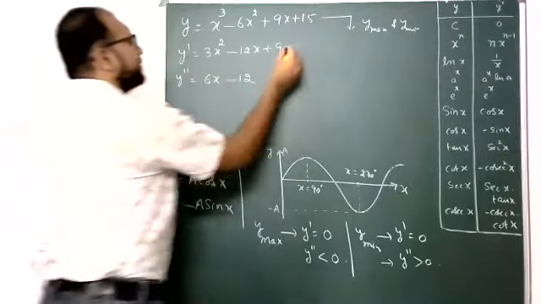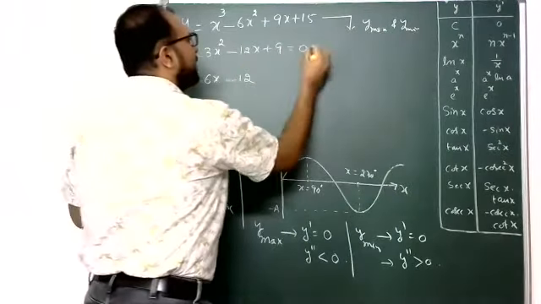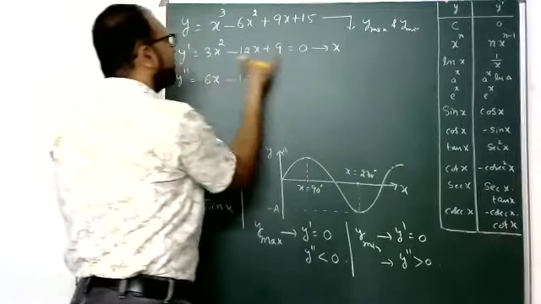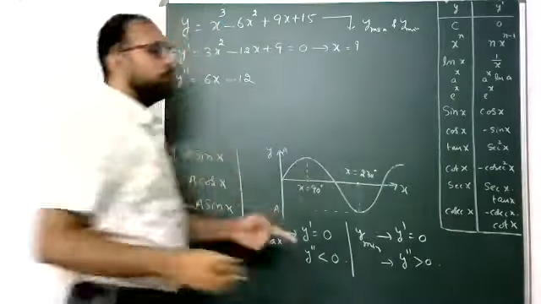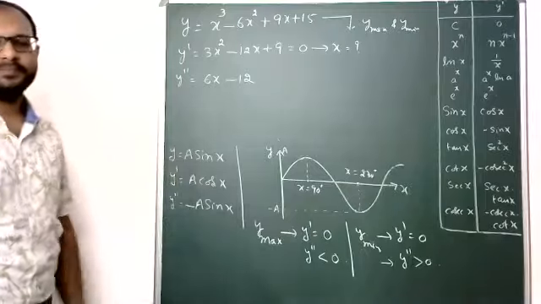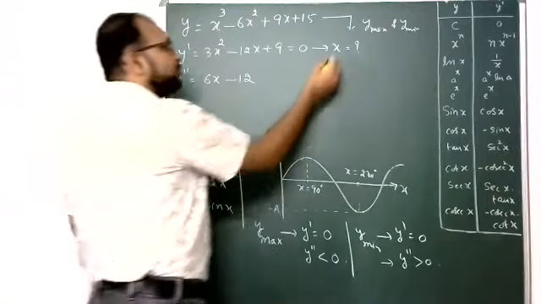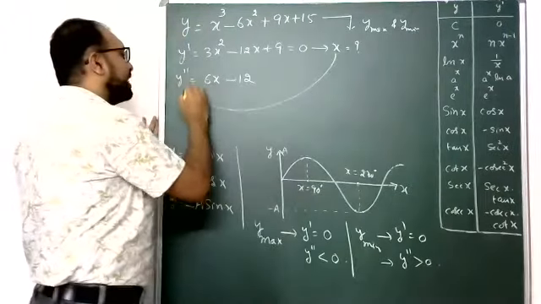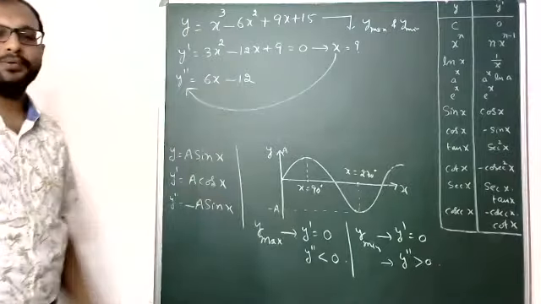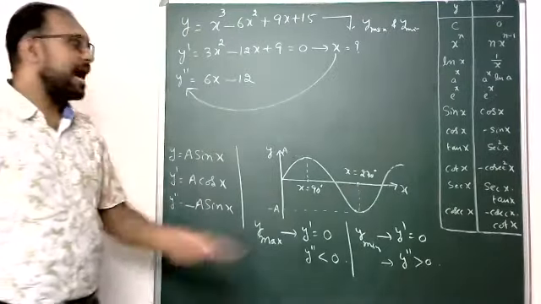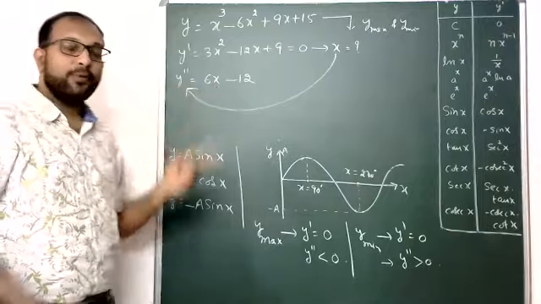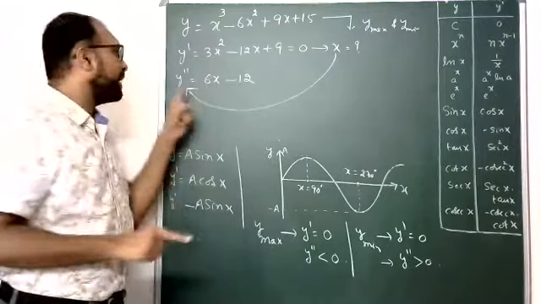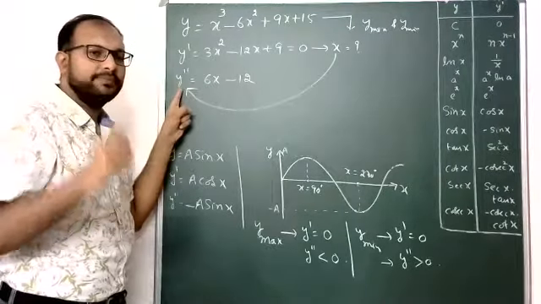Make the first derivative 0. It is a quadratic equation, and you will get two values of x. Substitute these x values in y double prime, the second derivative. Suppose after substitution you get y double prime negative.